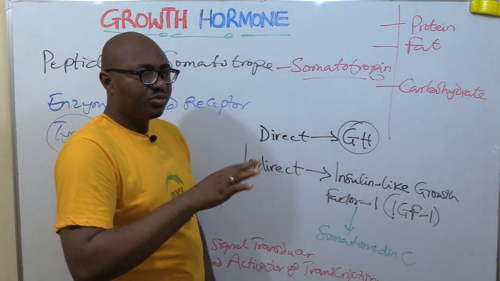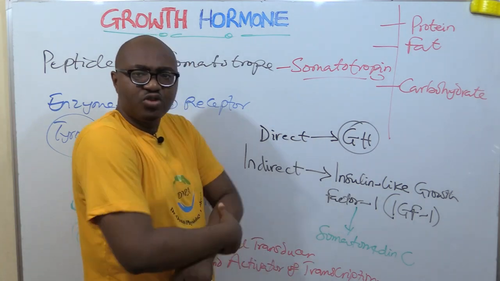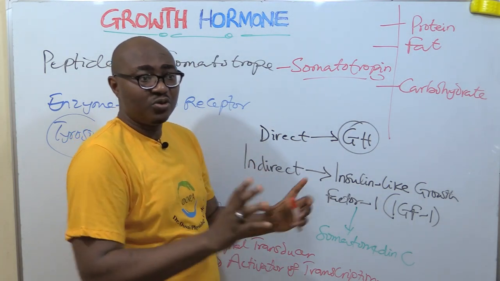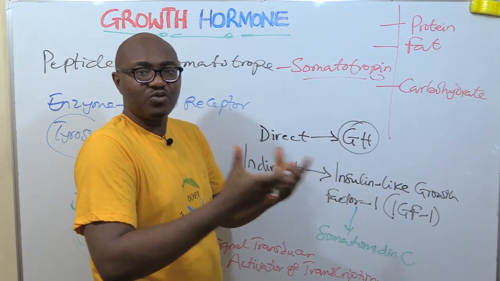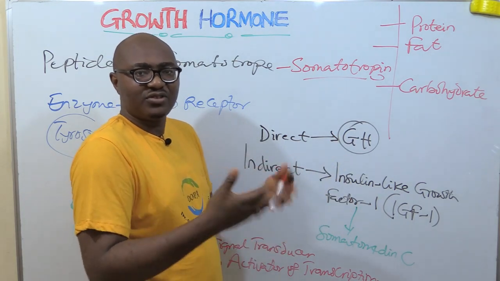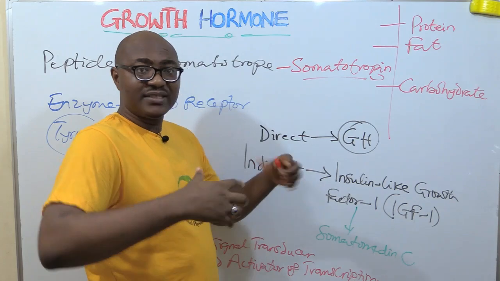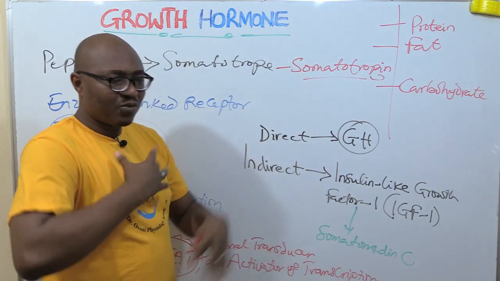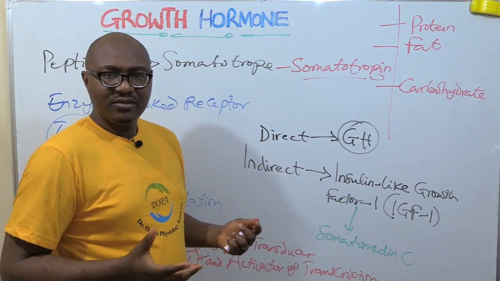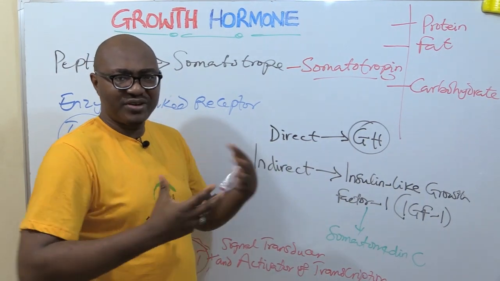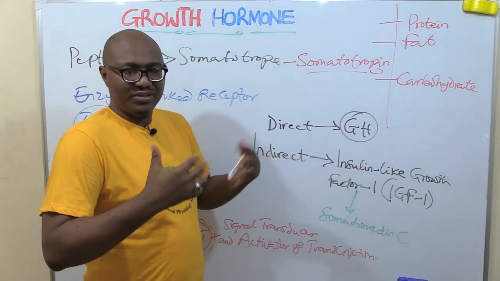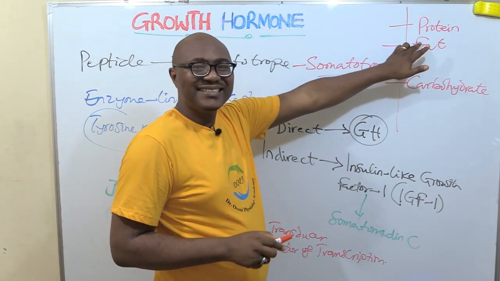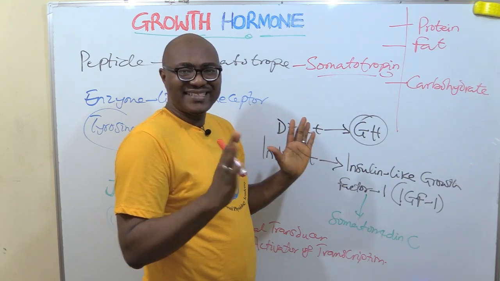Now, you ask yourself, adults don't grow, but they need growth hormone, although in children the levels of growth hormone are higher because they are growing a lot in size. But apart from that, proteins are needed for normal functioning. Maybe you are going through stress and so on. You need proteins to help you keep up. So it enhances protein synthesis.